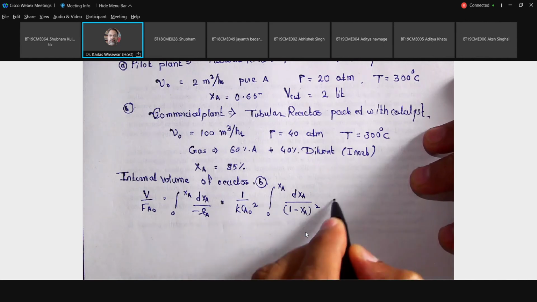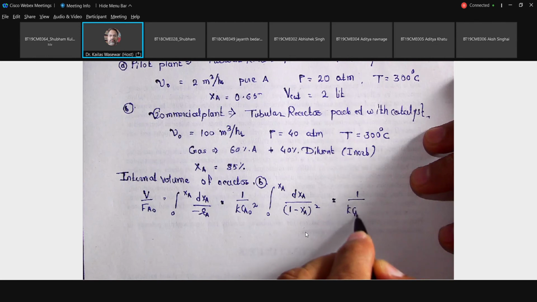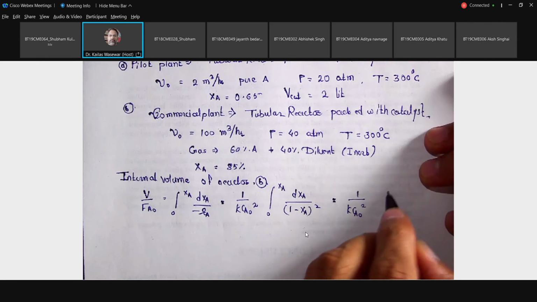If you do the integration, it will become 1 upon K Ca0 square Xa upon.